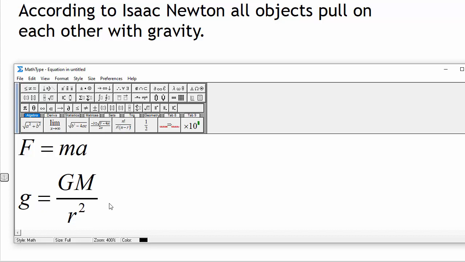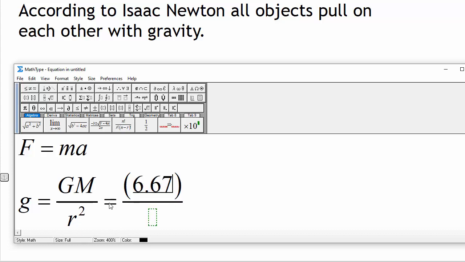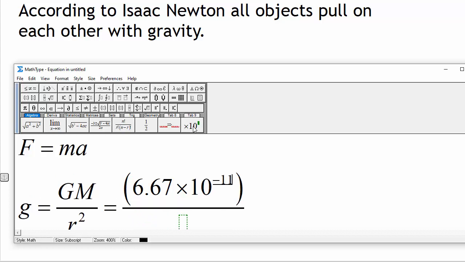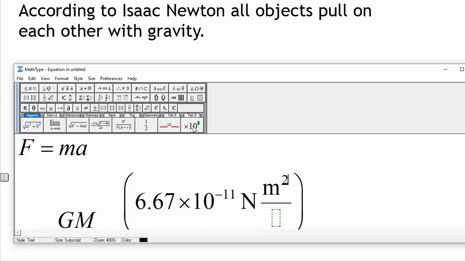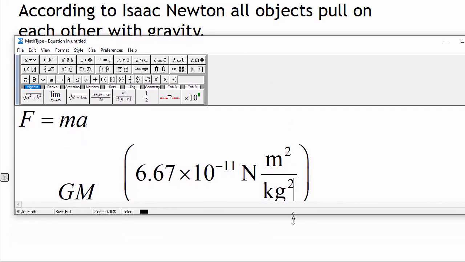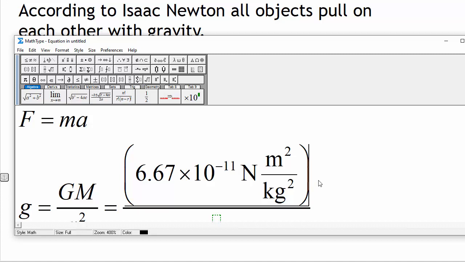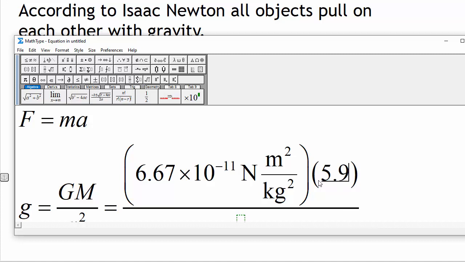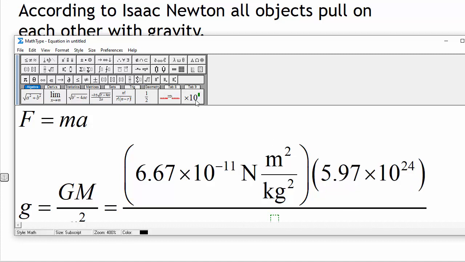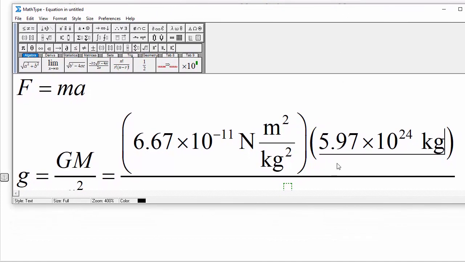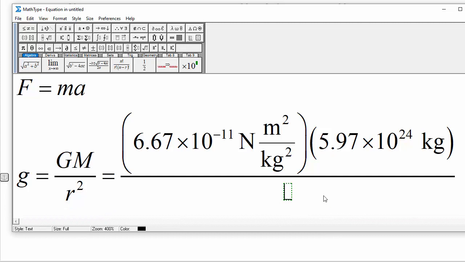Now, if we were to plug in the numbers for Earth, it would look like this. 6.67 times 10 to the negative 11th newtons meters squared per kilogram squared times the mass of the Earth, 5.97 times 10 to the 24th kilograms divided by the radius of the Earth squared.